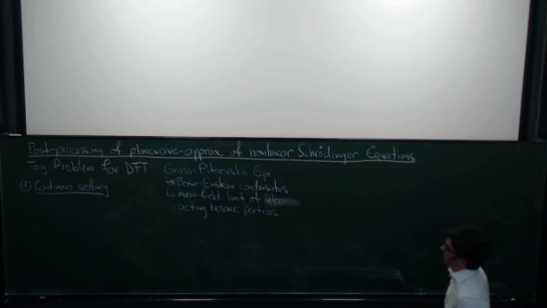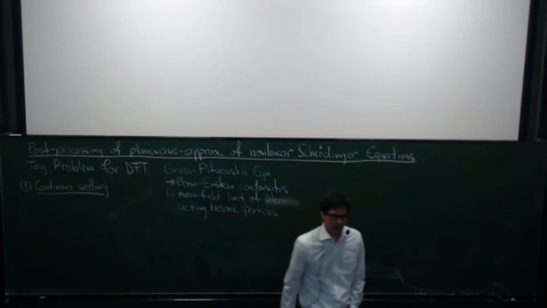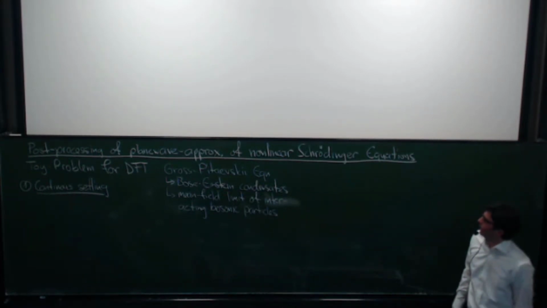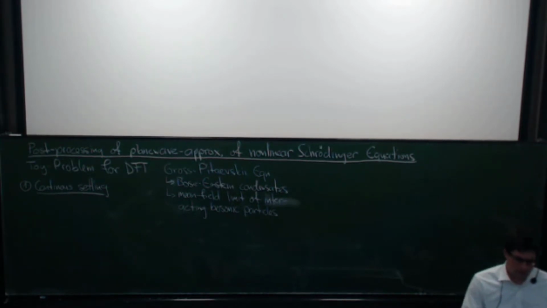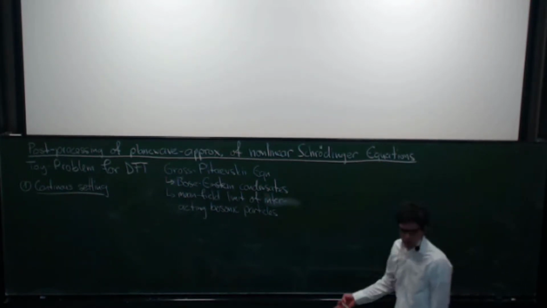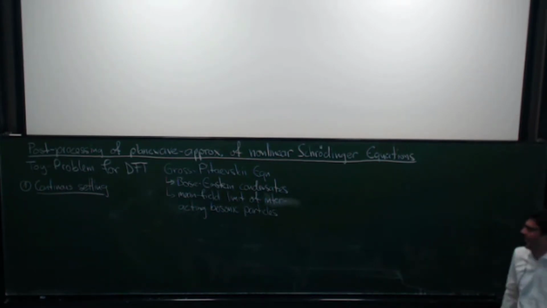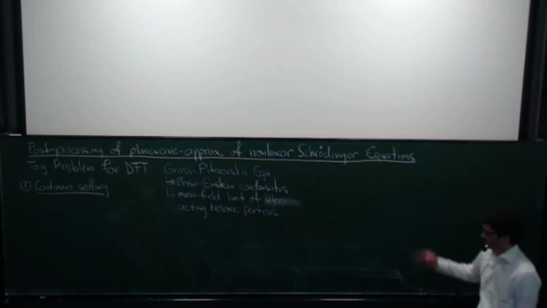So I will speak about post-processing procedures of given plane wave approximations to nonlinear Schrödinger equations. So we have seen yesterday a little bit of DFT, density functional theory. So this is kind of the end goal, and I will show numerics at the end on the laptop, not on the blackboard. Some numerical results of this procedure.